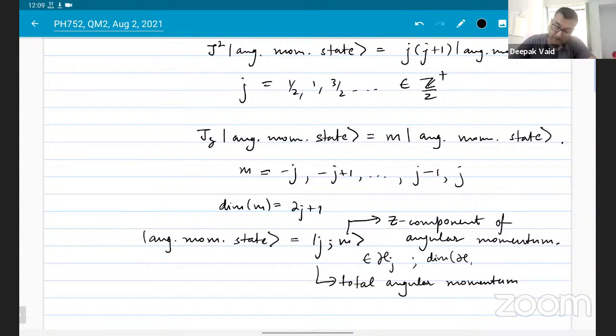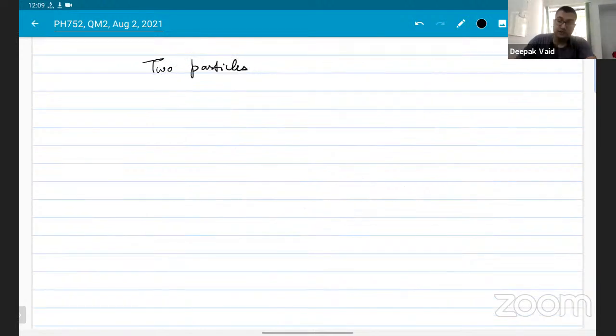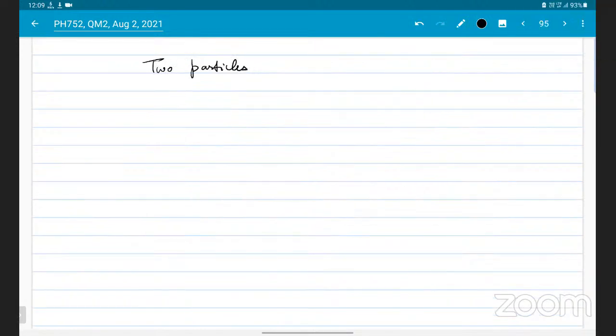Varsha? Yes, sir. What is the dimensionality of this Hilbert space? It's j. So I think it will be 2j plus 1. 2j plus 1. So now we have two particles with angular momentum.